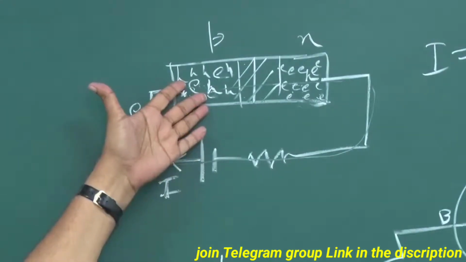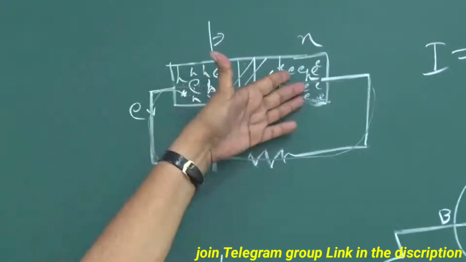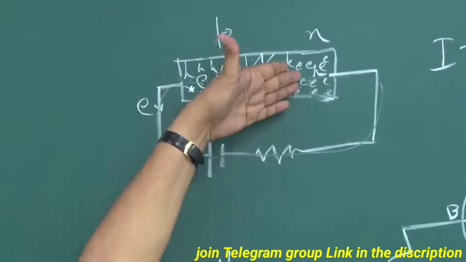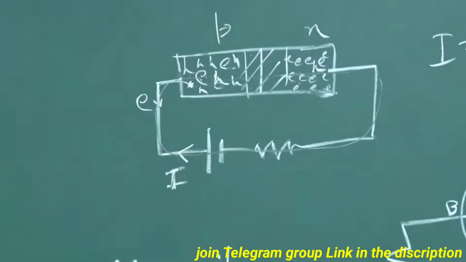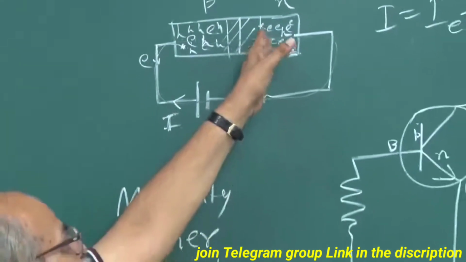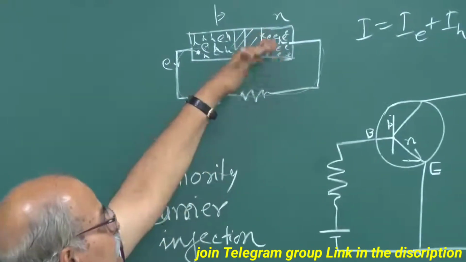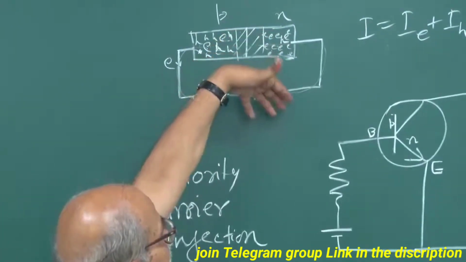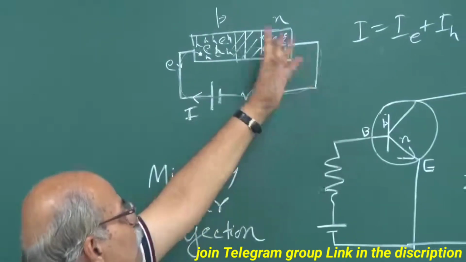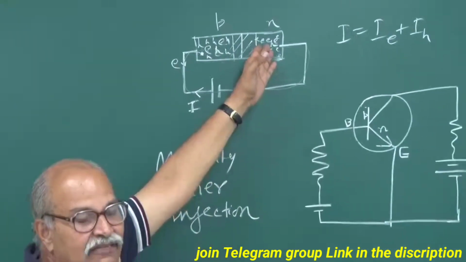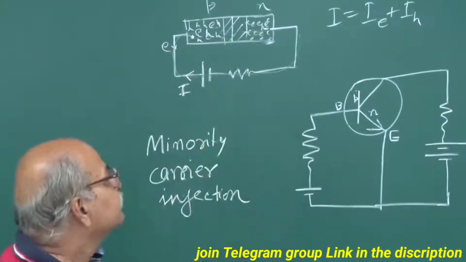These are majority carriers. So these holes will diffuse to that side and they are minority there. So once again, minority carrier injection. Then some of the holes will recombine with these electrons, and then similarly you will have electrons coming from this side to make that charge balance, and the whole current is like that.